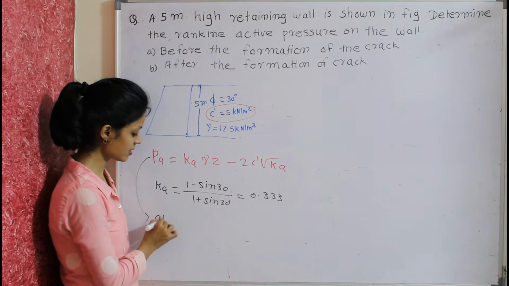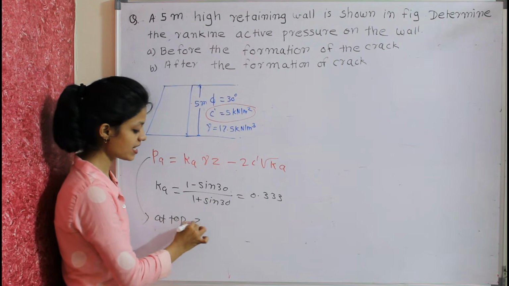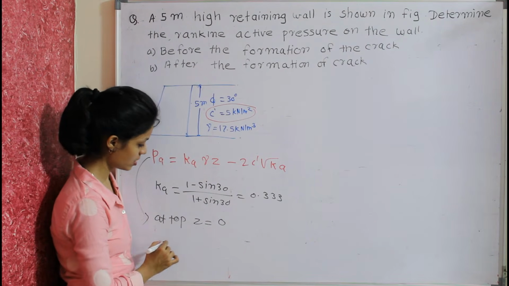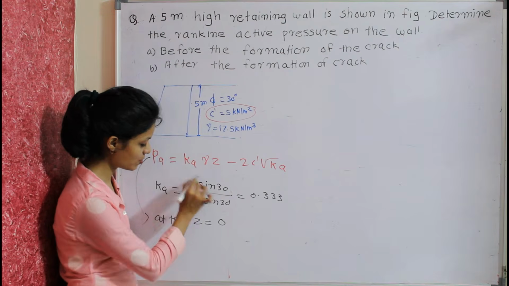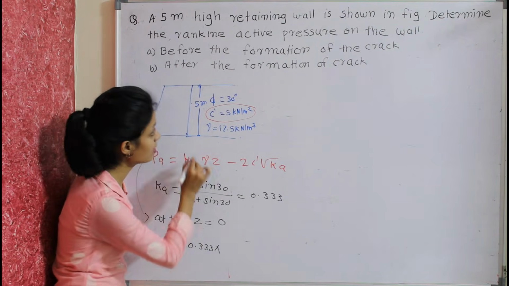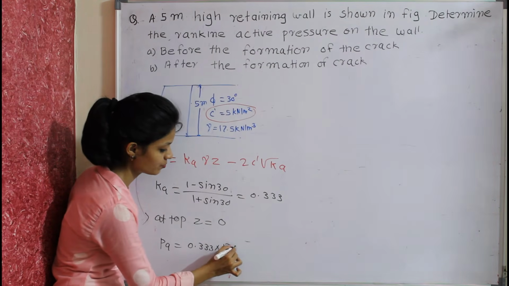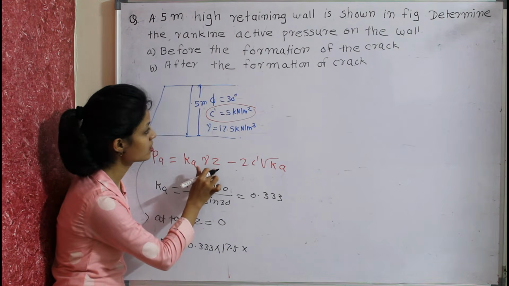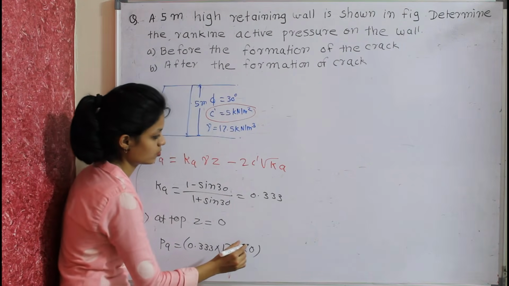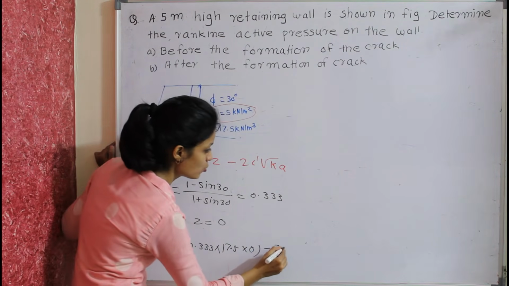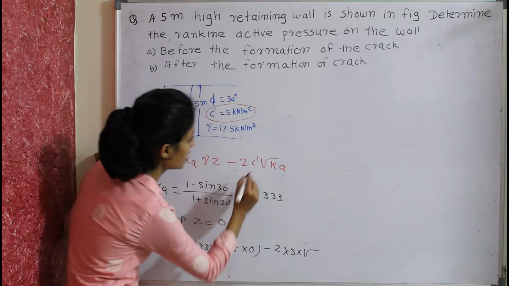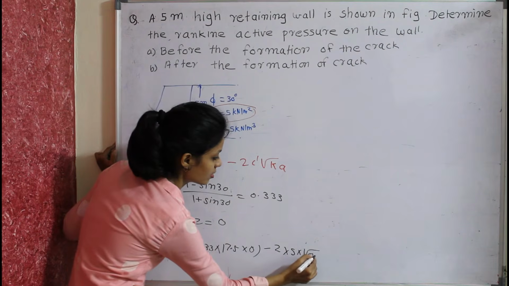Pa at top, when Z equals 0: Pa equals K into gamma, unit weight 17.5, into Z, which is 0, minus 2 into C dash, which is 5, into root of Ka, K is 0.333.